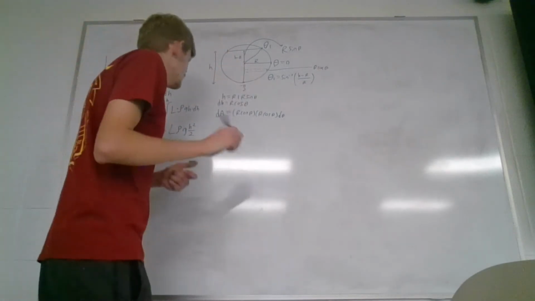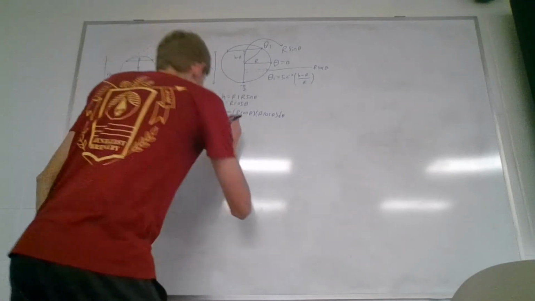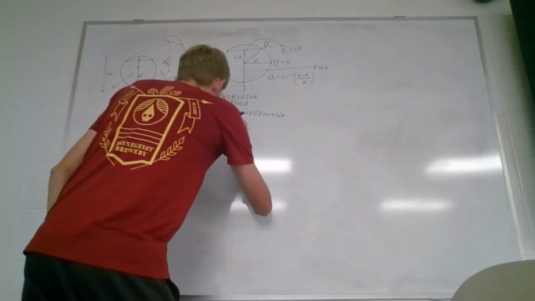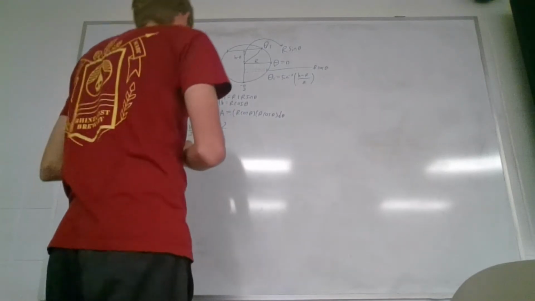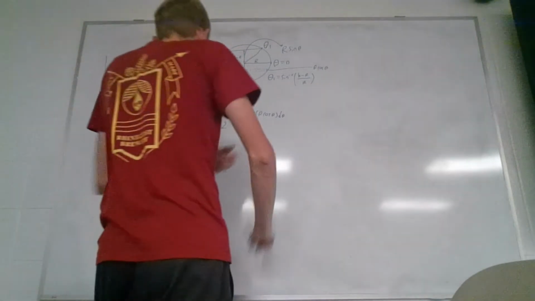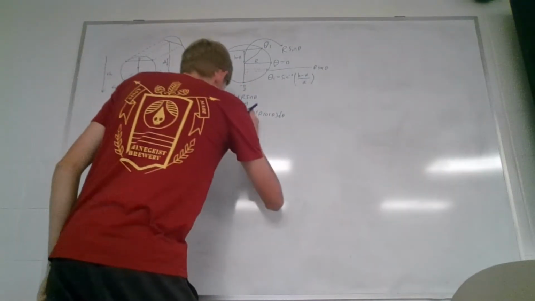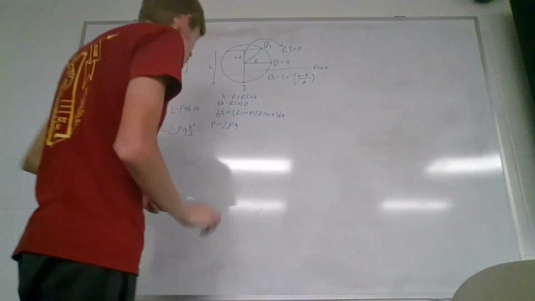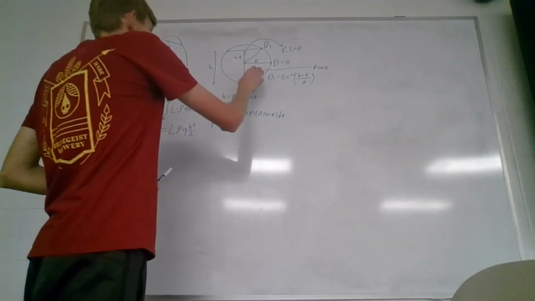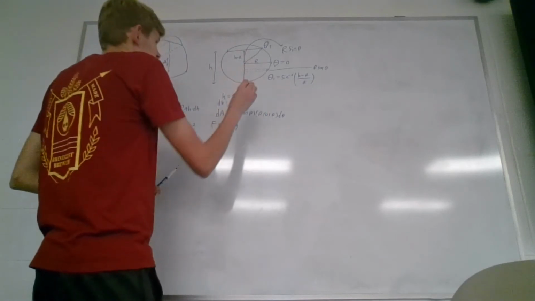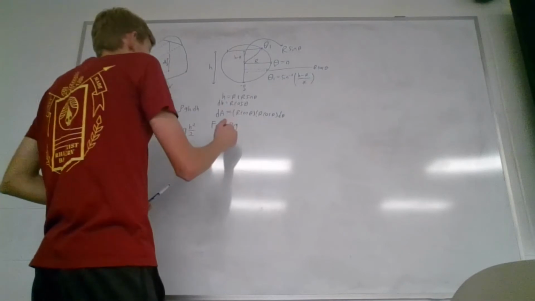So we can now say that our force is going to be equal to 2 times density times gravity. And the reason we need a 2 here is because this only takes in one portion of our circle, so we need to take both sides.